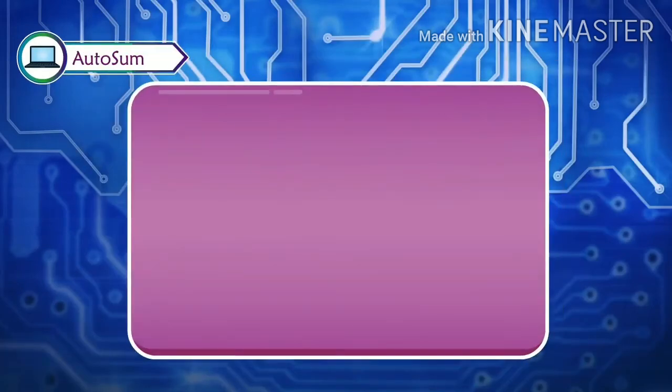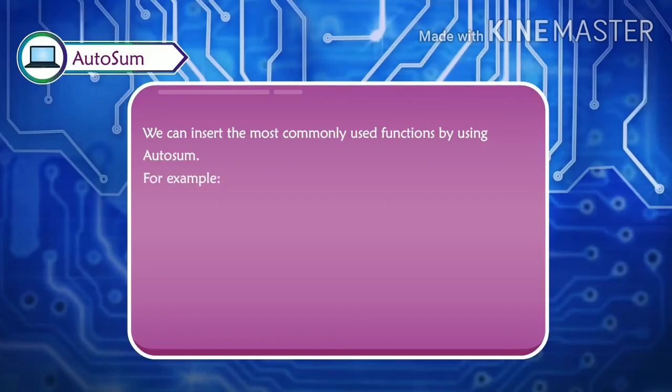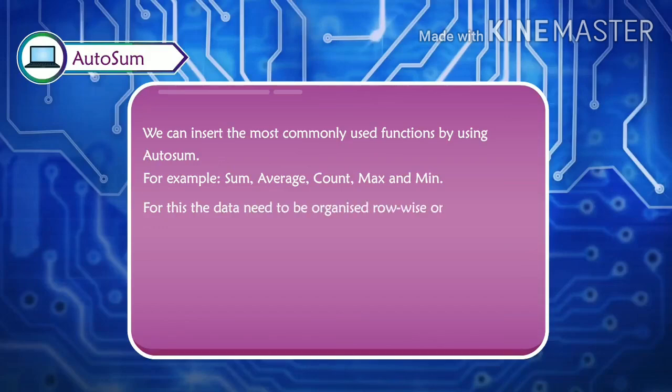Autosum. We can insert the most commonly used functions by using Autosum, for example sum, average, count, max, and min. For this, the data needs to be organized row-wise or column-wise.